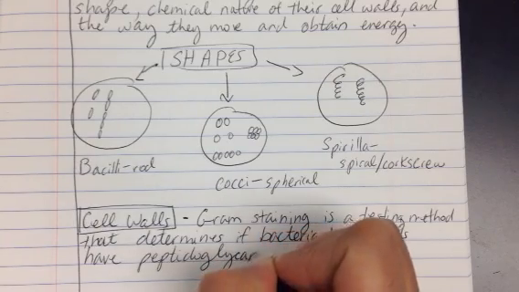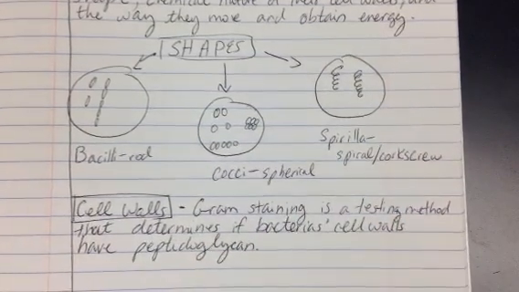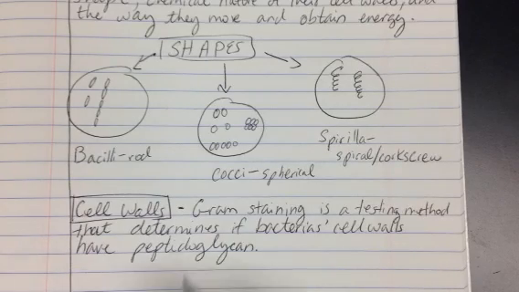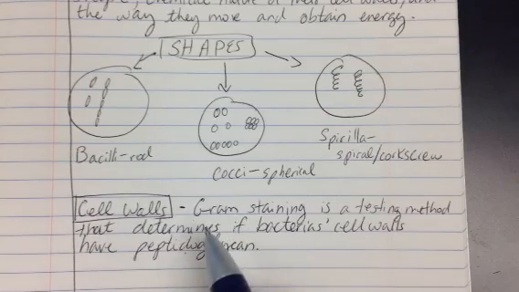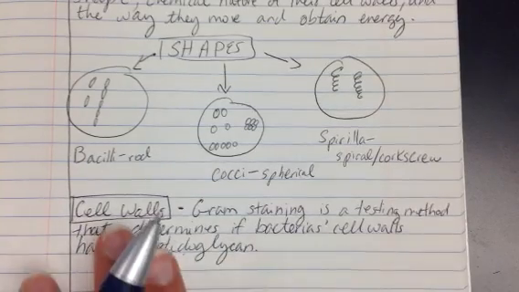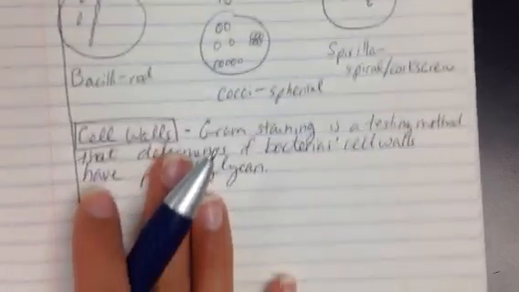What they basically do is they put chemicals on the cells, and then depending on what color they turn, it tells us whether they have this compound or not. And then we can put them into 2 groups, those that are gram positive and those that are gram negative.